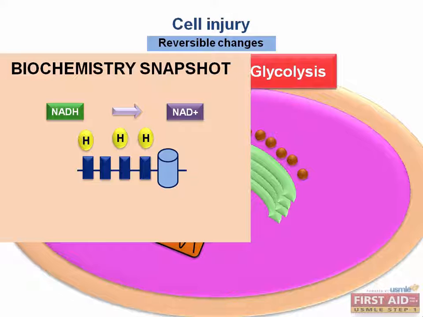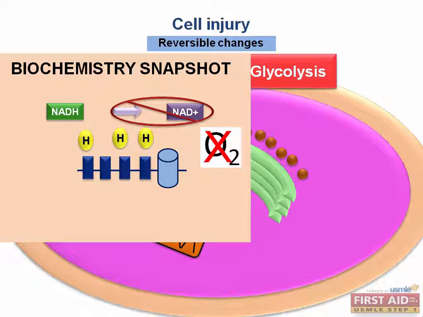So, remember what I said, that there's no more flow of electrons anymore because there's no electron acceptor, so there's a stasis of electrons in these complexes. So that means that NADH won't be able to dump off any more electrons, and there will be a really large buildup in NADH and a decrease in NAD+.